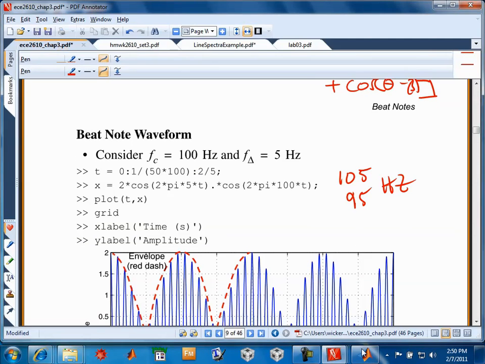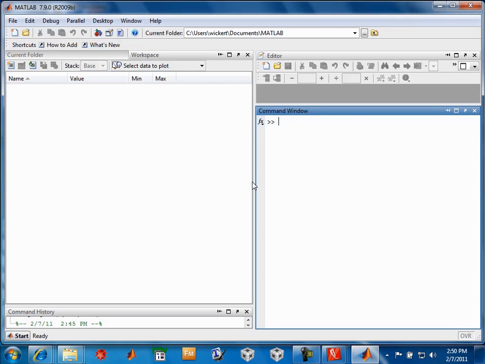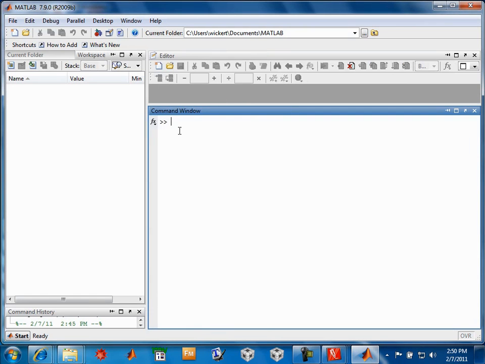How could I demonstrate that in MATLAB? I could very easily whip it out like this and say, let's make a time axis that goes from 0 in samples at 8,000 samples per second and plays for 2, hopefully not too painful seconds.